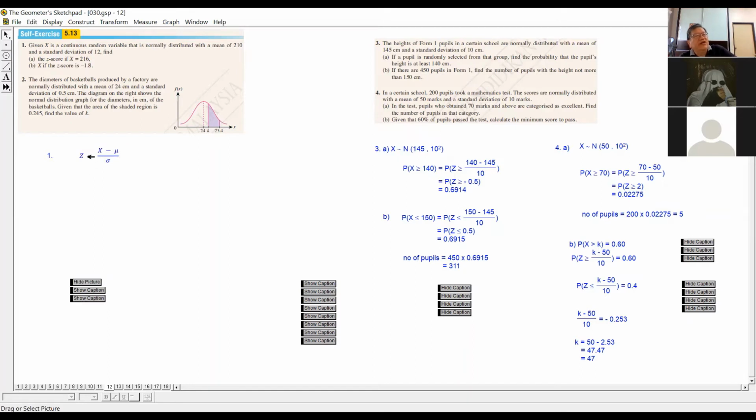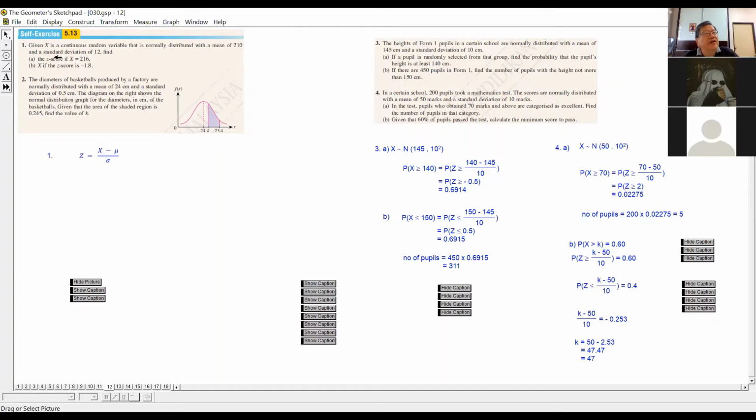So the standardization formula is z equals x minus mu divided by sigma. What is the mu? 210. So we're going to substitute this 210 inside the standardization formula. And they say the standard deviation is 12, so we substitute this number 12 for the sigma at the bottom.